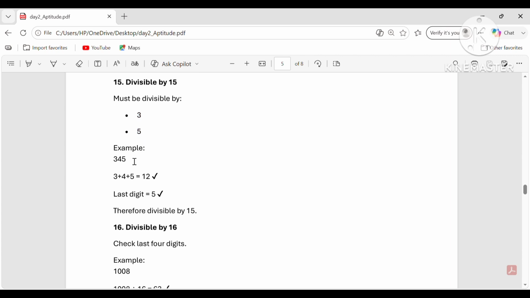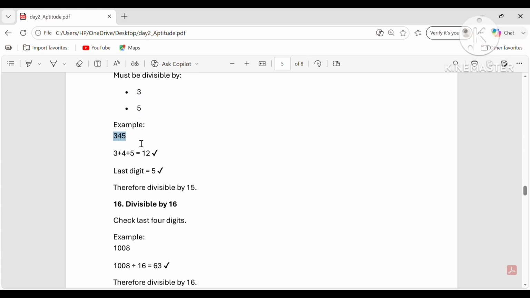We need to take the last digit, double it, and remove that from the remaining number. So let's check this.